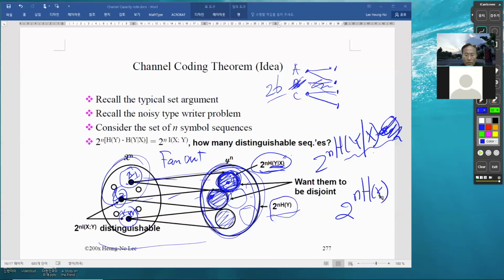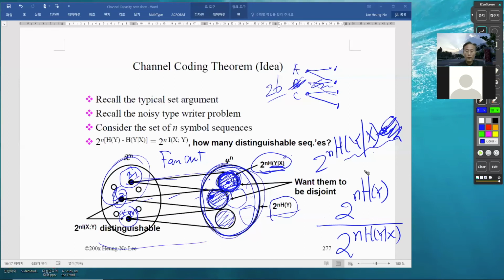That's the total number of sequences of length n that typically occur in the output space, divided by the volume of the smaller ball. The volume of the smaller ball is 2 to the power of nH(Y|X).